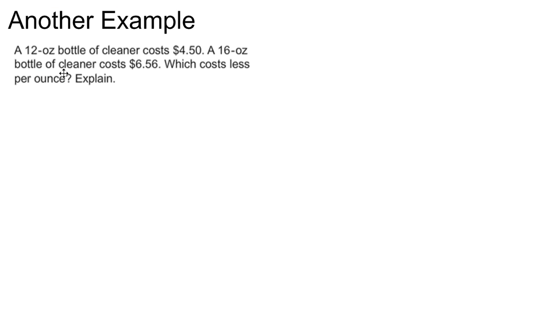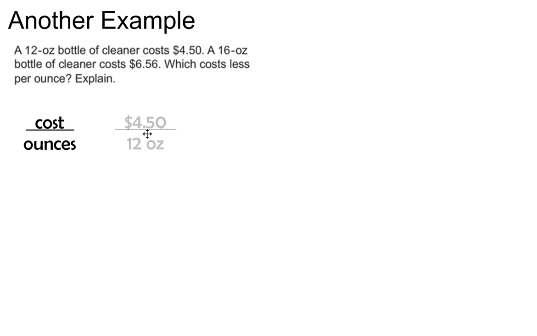Another example is a 12-ounce bottle of cleaner costs $4.50. A 16-ounce bottle of cleaner costs $6.56. Which costs less per ounce? Explain. Here we have two bottles of cleaner, so we have to find 2 unit rates before we start comparing. I'm going to set up the ratio of cost over ounces because we want the cost per ounce.